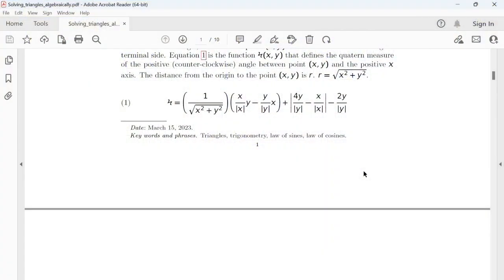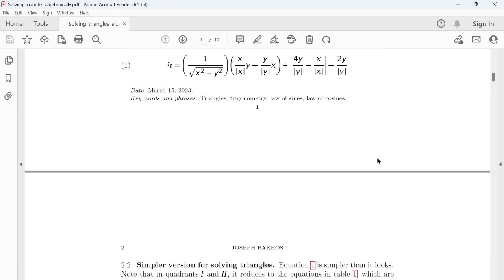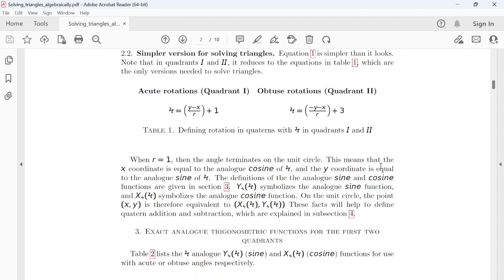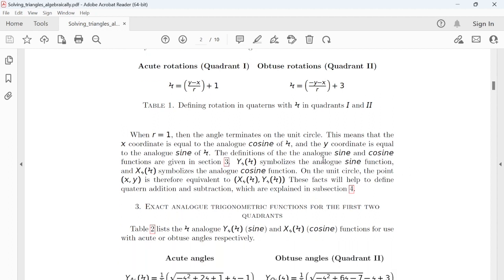So that's just the basics of how you would calculate the angle in quaterns, and then we will go on from there. To solve a triangle, we need things like the trig functions, sine and cosine, and we need the inverse trig functions like arcsine and arctangent. And quaterns have all of those things in another form. We'll call it the analog form of sine and the analog form of cosine.